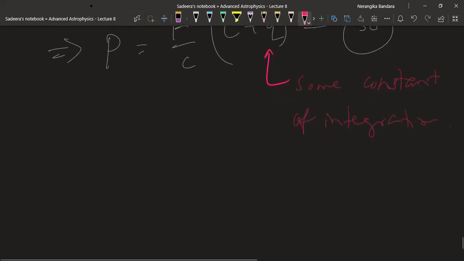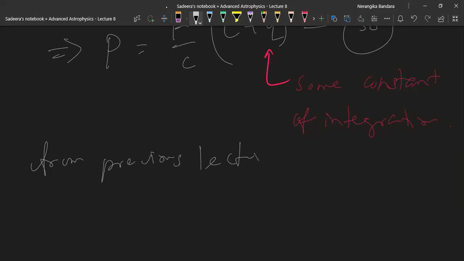And also, from previous lectures, you can write down that radiation pressure would be 1/3 of the energy density, and this is true for isotropic radiation.